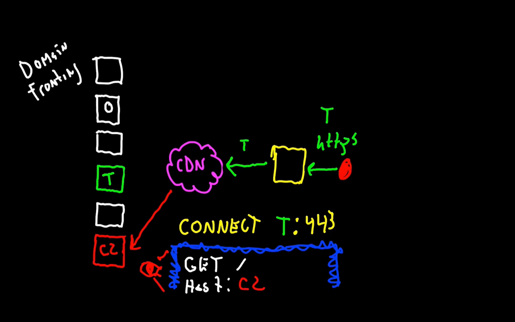Now you may say, aha, not so true, Raphael, because in our company, we actually man in the middle all SSL traffic. And so our proxy will actually look at everything that's going through, and we have a chance to actually correct those host headers from your C2 to that highly trusted and reputable domain, or even to use that as an indicator of compromise.